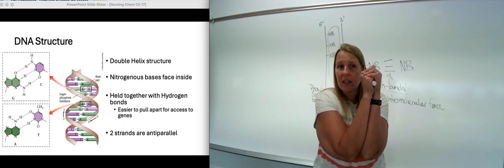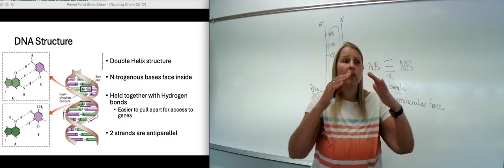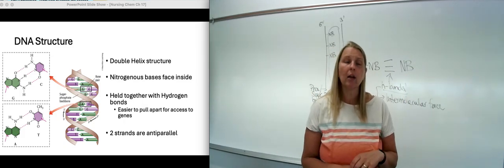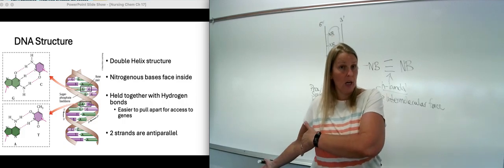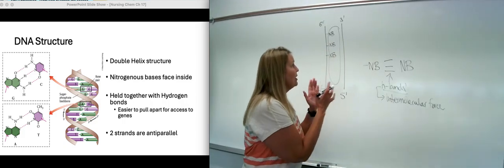Well, if they were covalently held together, it would take a lot of energy to pull them apart. But hydrogen bonds, you can easily pull apart and then have them come back together when you need to open the DNA to transcribe or translate a gene into protein or whatever it may be, okay? But you can also easily then put it back together.